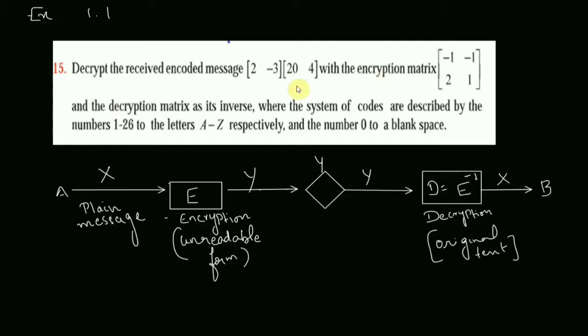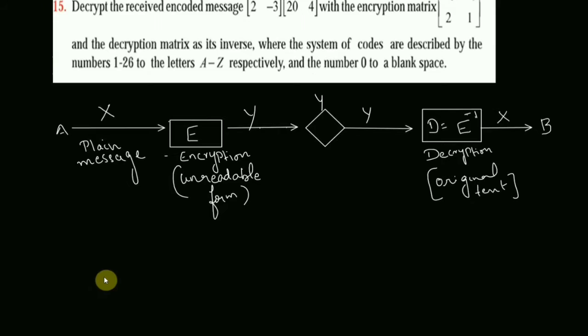It's a plain message. So he uses the encoded matrix, the encryption matrix, and converts the message into a sequence of row matrices of numbers. That is 2, minus 3, 20 and 4. So it is the message that is converted into a sequence of row matrices of numbers, and the matrix that he used is a non-singular matrix that is also given.